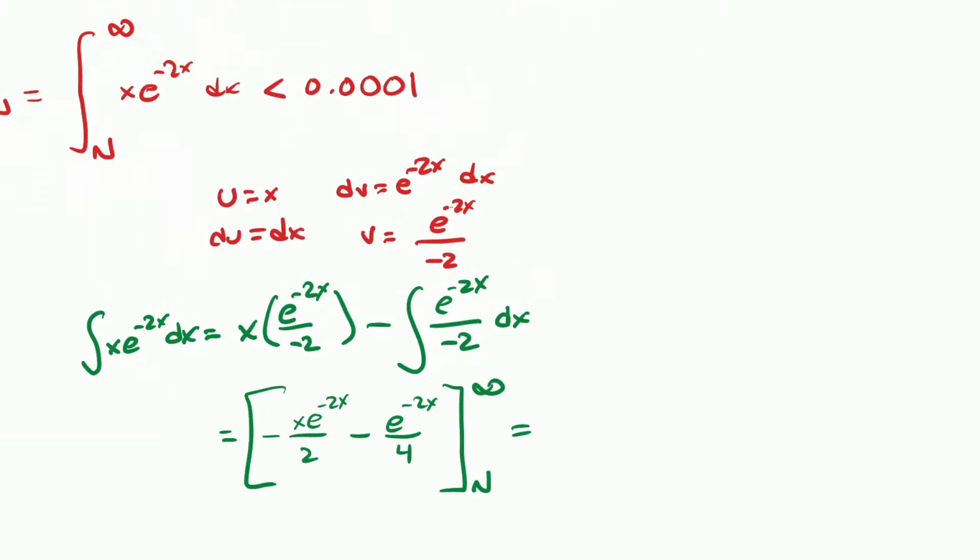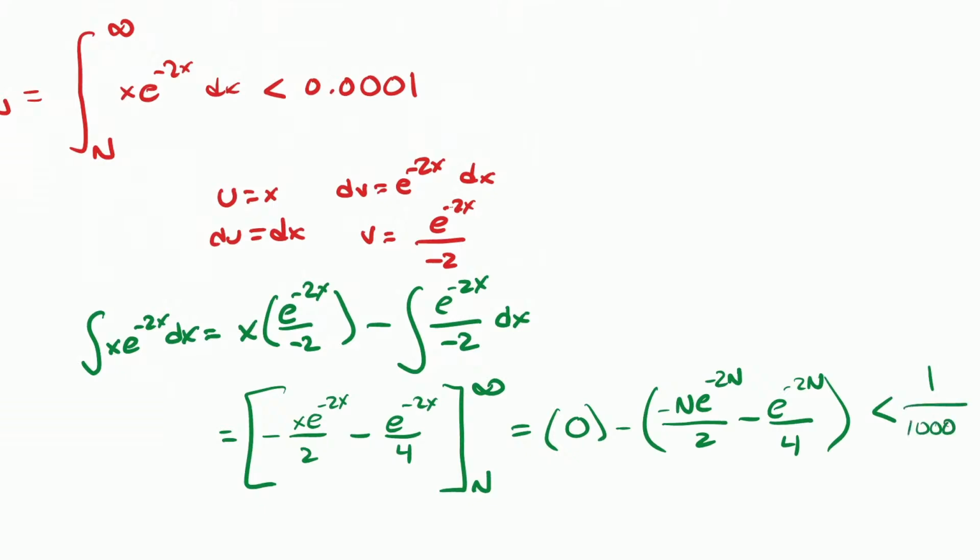So both of those are 0. So the limit as x approaches infinity of that thing is 0. And then you plug in the n. So you have negative n e to the negative 2n over 2 minus e to the negative 2n over 4. And I want that to be less than 1 over 10,000.